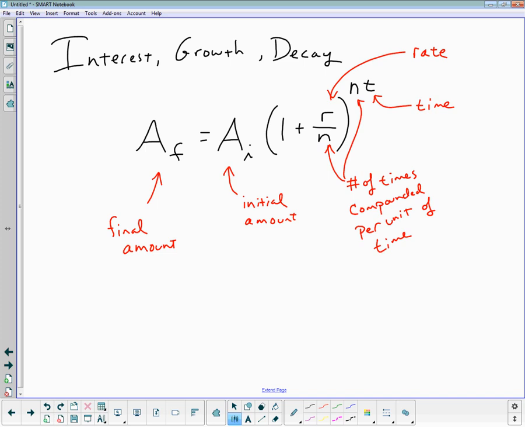Now, your growth and decay models are exactly the same, except that they compound differently. For example, let's just say you're going to open up a bank account at my bank. I'm opening up a bank and I'm offering 10% per year.